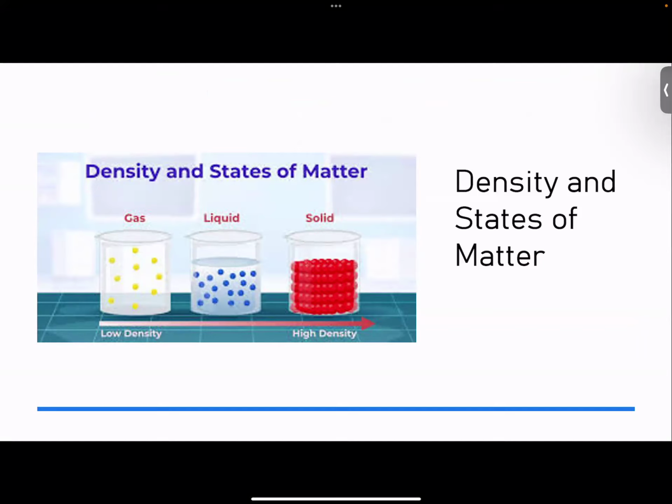You have a solid. Most solids, the molecules are arranged in a very ordered array. The individual molecules are extremely close to one another. And therefore, they have a high density because you have a lot of molecules in a given amount of space.